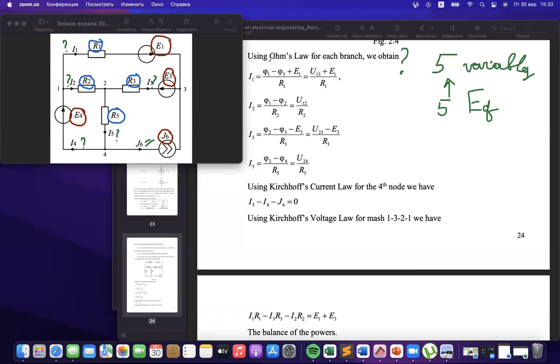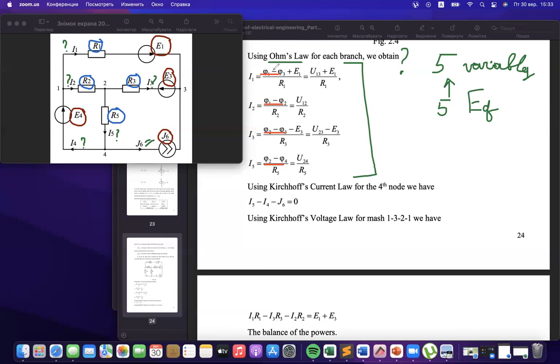We could write, for example, Ohm's law for each current. It tells us about the potential difference divided by resistivity, and taking into account the source if this source is present near the resistor. It could be written in this way, 5 equations. But the main problem is that we don't know the potentials. The potentials are also unknown variables.